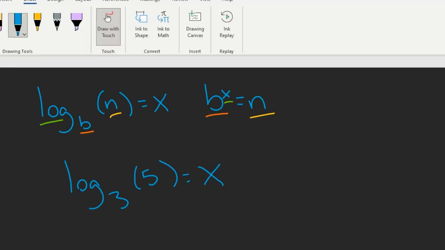In this case, we're going to take b, which is our base, our 3 right here, and reapply it where the b is in the exponential. So we're going to take 3 to the power of x equals what our argument is, so it's going to equal 5, like this. Okay, let's try that again.